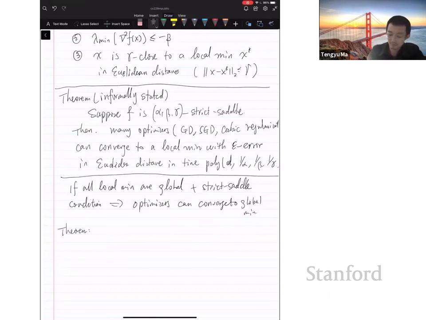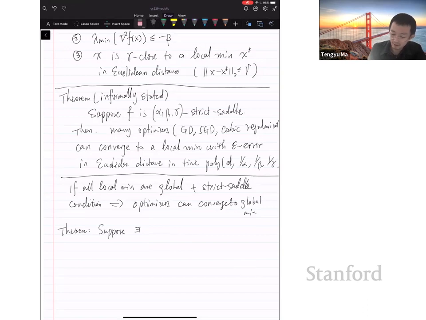I'm writing it a slightly different way, in some sense unpacking it a little bit. I thought this either provides a slightly different way of thinking about it, or it's just more explicit. So basically, you assume the strict saddle condition, but let's rephrase the all local minimum global plus strict saddle condition like this.